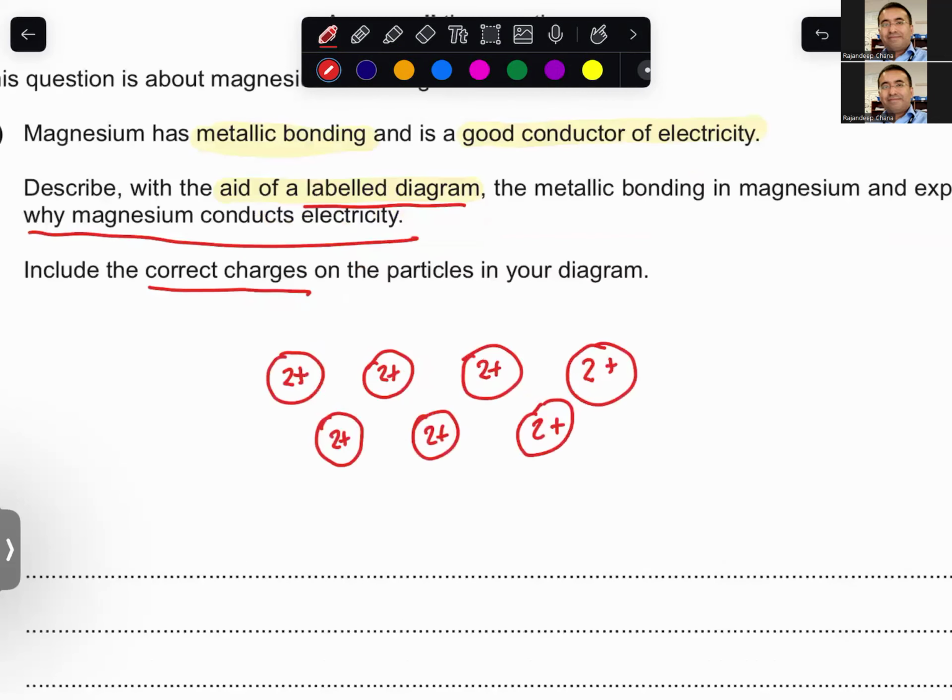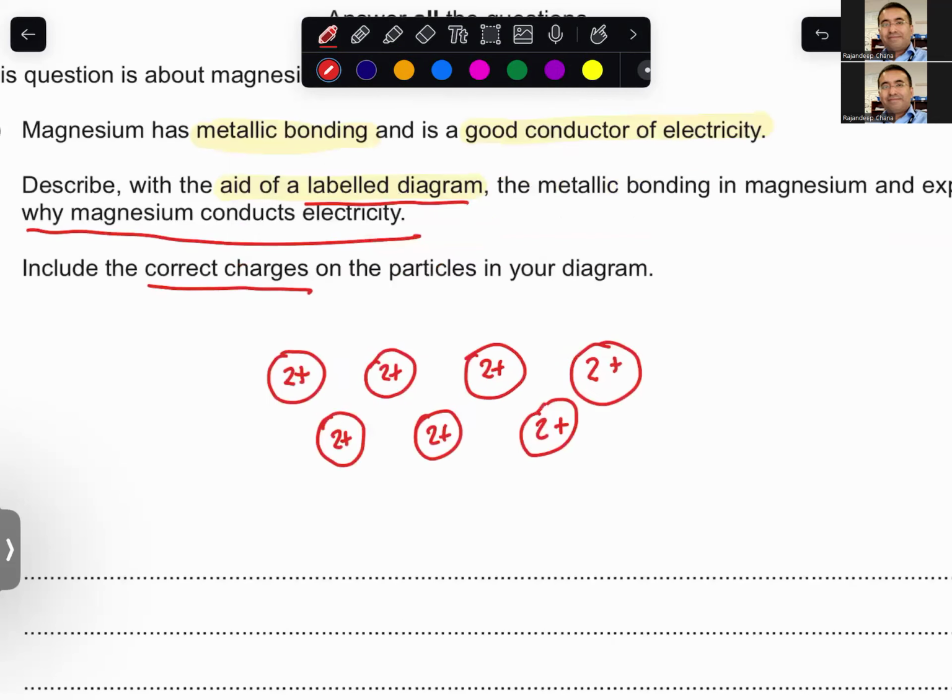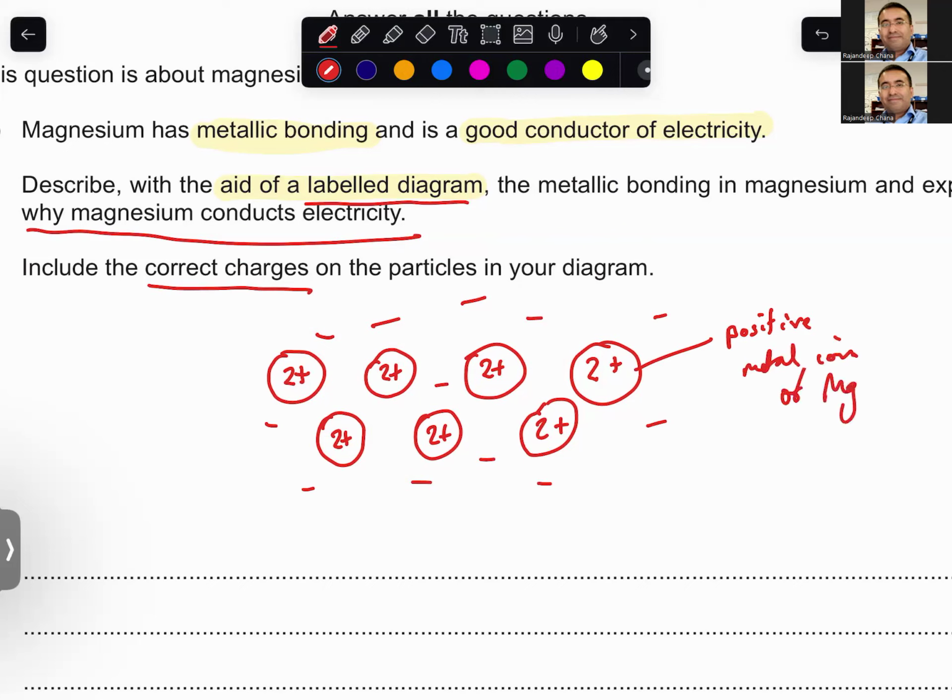And you've got your delocalized electrons. For what I've just drawn now, you'll get 1 mark out of 3 so far. Let's label. Of Mg2+. You've got here your delocalized electrons.